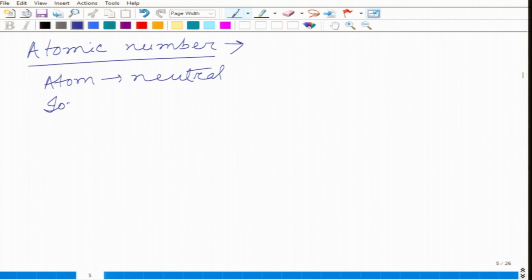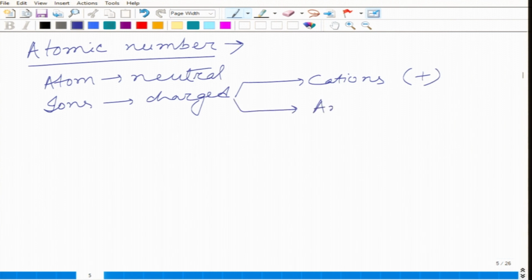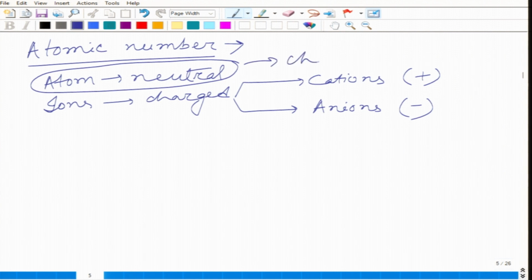Atoms are neutral, ions are charged. They are of two types: cations having positive charge and anions having negative charge. But atoms are always neutral. Atoms have a charge of 0.